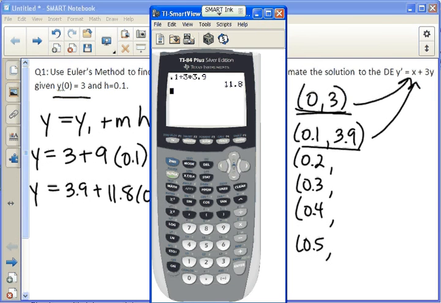So 11.8 times 0.1 plus 3.9. So our new y value is 5.08.